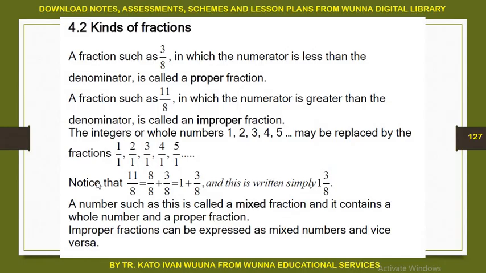Good. So note that 11 over 8 can be expanded as 8 plus 3 over 8, whereby when I add 8 and 3, I go back to 11. Therefore, instead of writing 11 over 8, we are looking at how we change the improper to mixed, because we've just said that we cannot leave our fraction in an improper format.